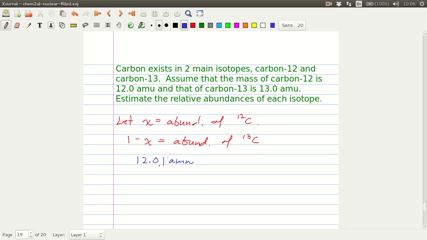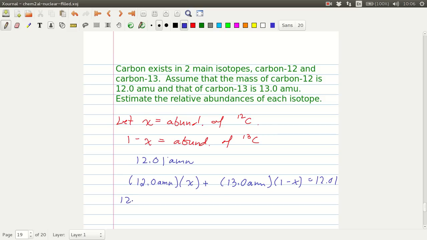I'll just go out to the hundredths place here because I am rounding a little bit. How do we calculate the abundance? It's the mass of carbon-12 times its abundance plus the mass of carbon-13 times its abundance, and that equals 12.01.